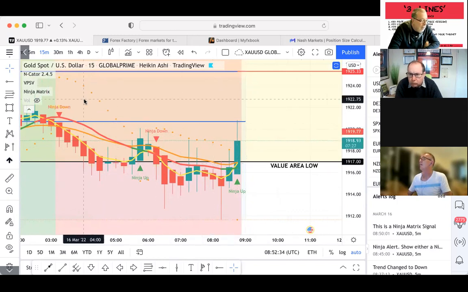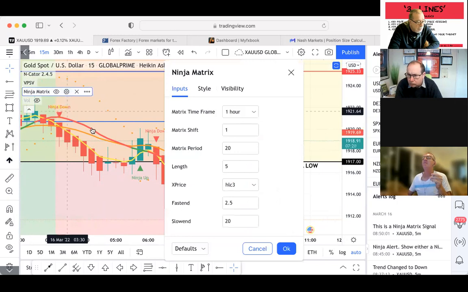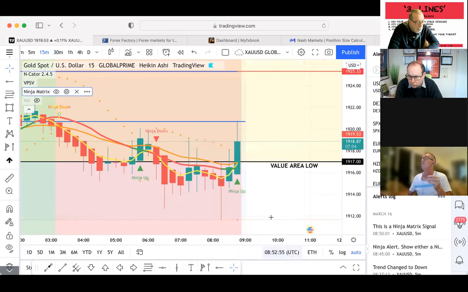Now, what I normally do is check my settings on the Ninja Matrix, and this is a good time to check them. I'm actually on the 15-minute time chart at the minute, and for the 15-minute, I need to be on the 1-hour matrix time frame. So that's working okay.